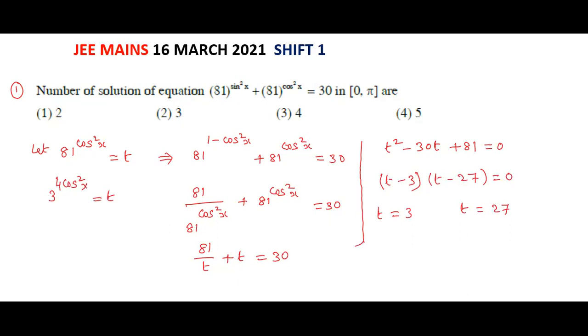So what is the t value? 3. Now we can write 3 power 4 cos square x is equal to 3, which is 3 power 1. For t equal to 27, 3 power 4 cos square x is equal to 3 cube.